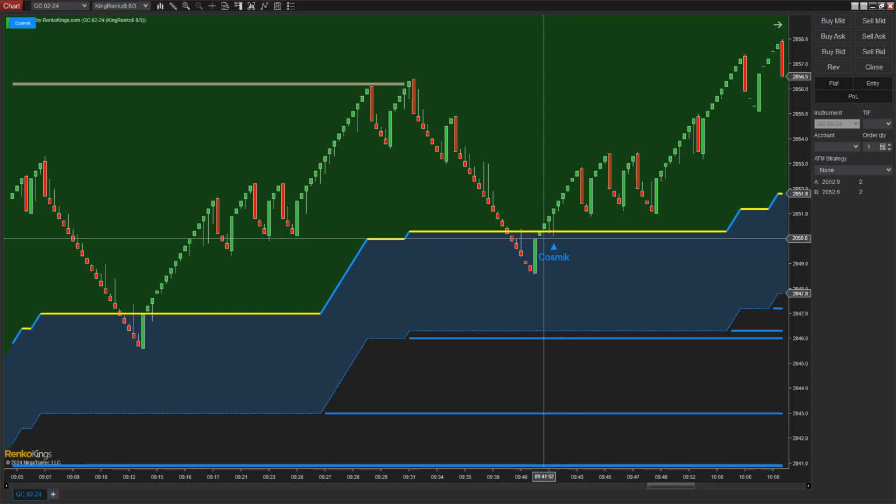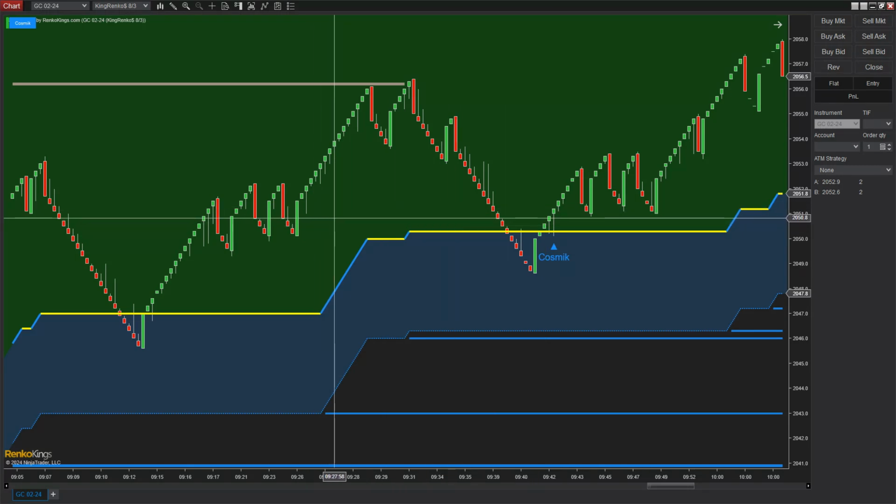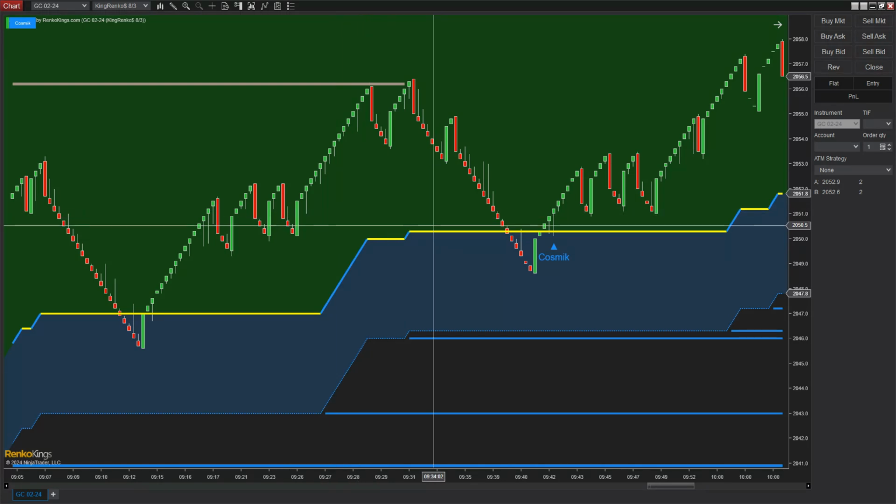Here it is. So again, patience sometimes is required, but the point is, even though price went below and above the midpoint, we were concentrating on where our signals were, and that gives us, I guess you can call it, an additional confirmation.